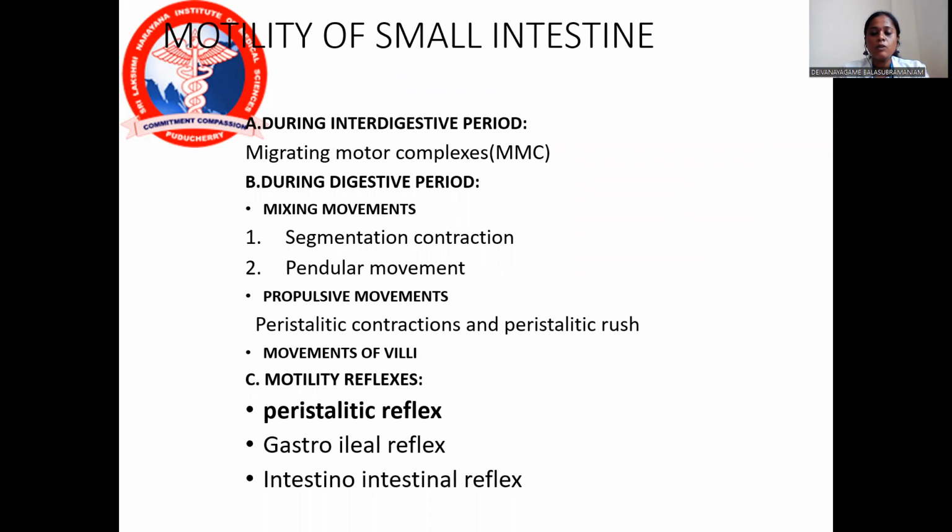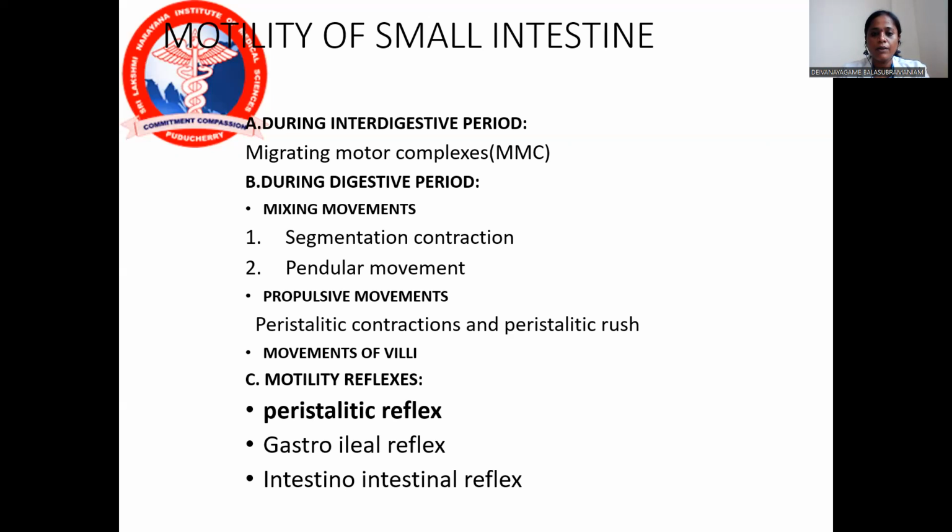The motility of the small intestine is broadly divided into movements during the interdigestive, that is the fasting period, as well as during the digestive period. During the interdigestive period, the movement produced is the migratory motor complex, called MMC. During the digestive period, the movements are mixing movements, propulsive movements, and movements of the villi.